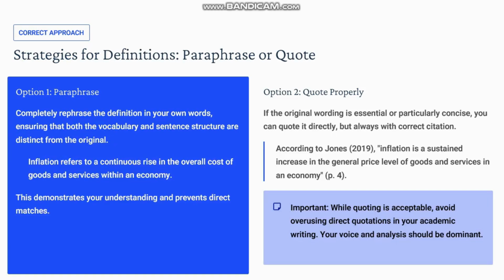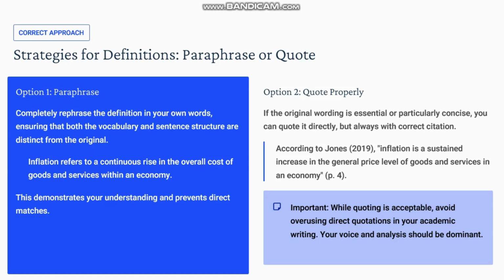Now we say inflation refers to a continuous rise in the overall cost of goods and services within an economy. So we preserve the meaning, but we have changed the structure, and we have demonstrated our understanding and prevented direct matches.